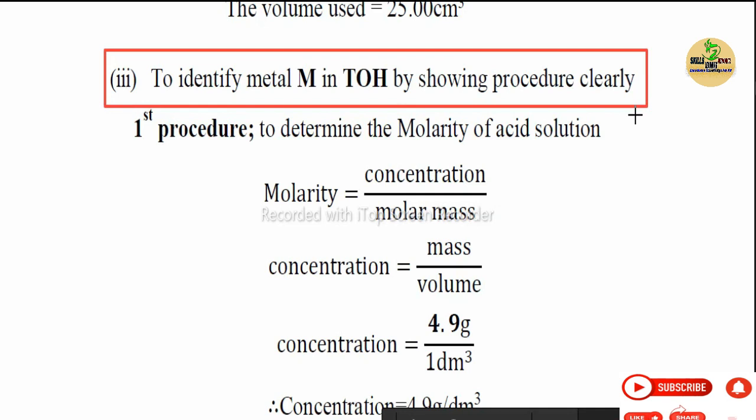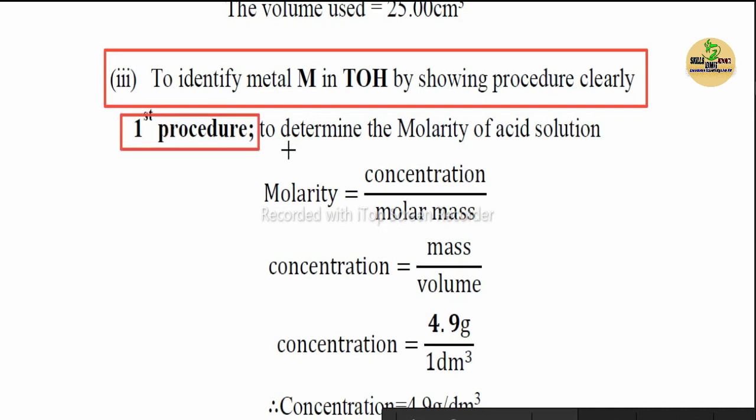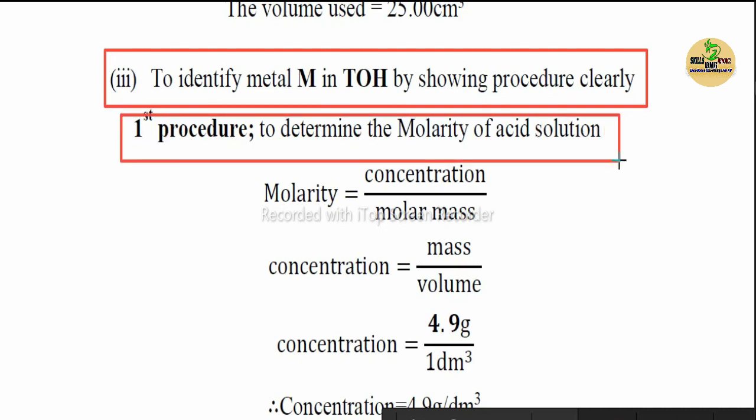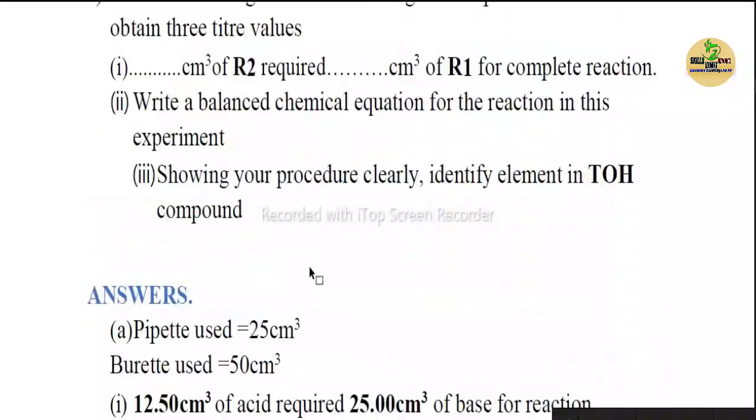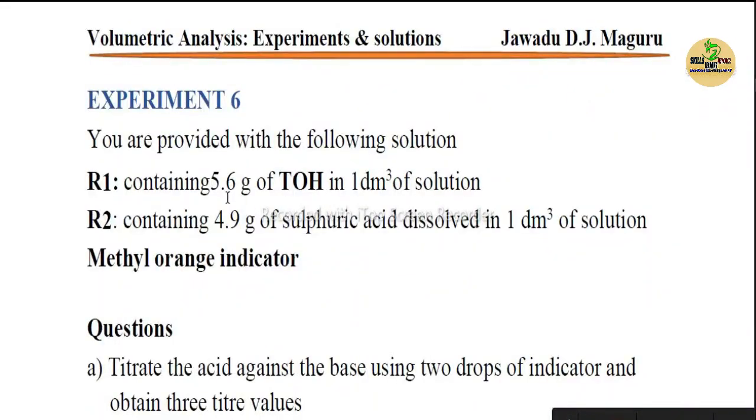Procedure ya kwanza, kwa kuwa tumeulizwa upande wa base, we require to find the molality of acid solution. Na kulingana na data tulizonazo ni kwamba acid we have a mass and we have a volume.